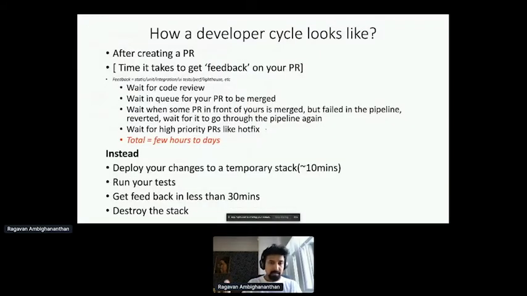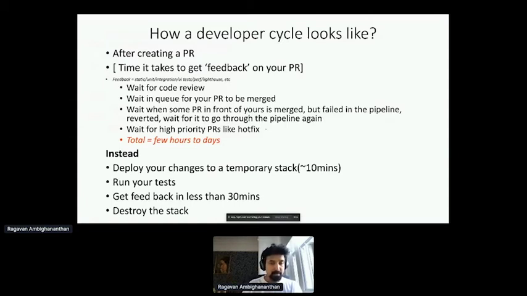So I asked an engineer, what does the normal developer cycle look like? After creating a pull request, how much time does it take to get feedback? Like how much time do you have to wait before you know if your change has caused any outage, either in pre-prod or in production? You wait for code review after your PR is ready, normally by more than one person.